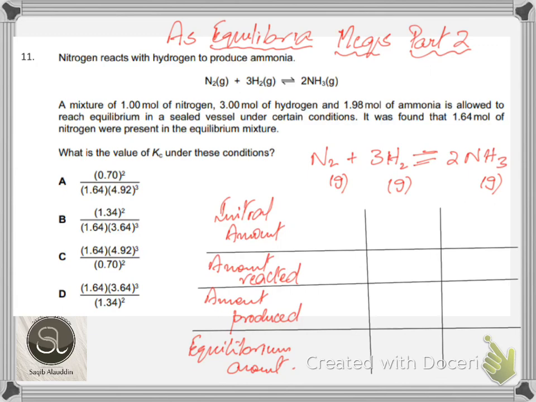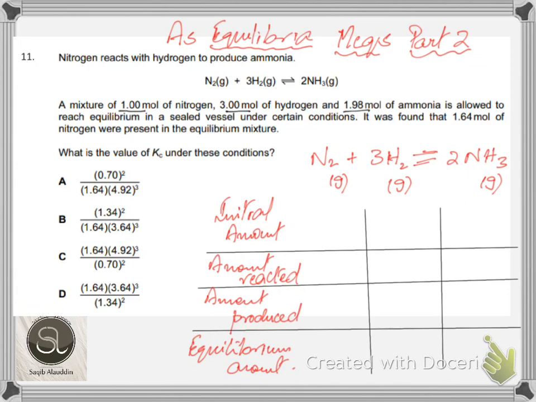Okay, on this question, there is an equation given which is of Haber's process. The question says that you have 1 mole of nitrogen, 3 moles of hydrogen and 1.98 mole of ammonia which were allowed to reach equilibrium.